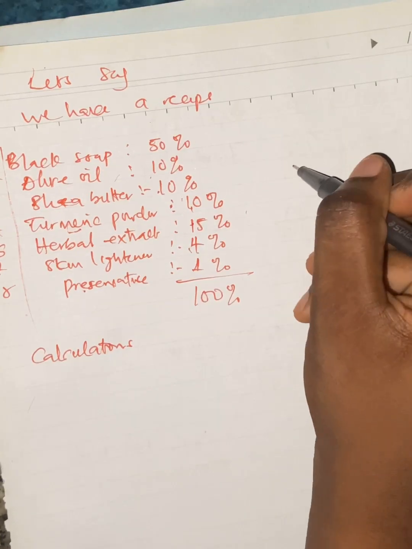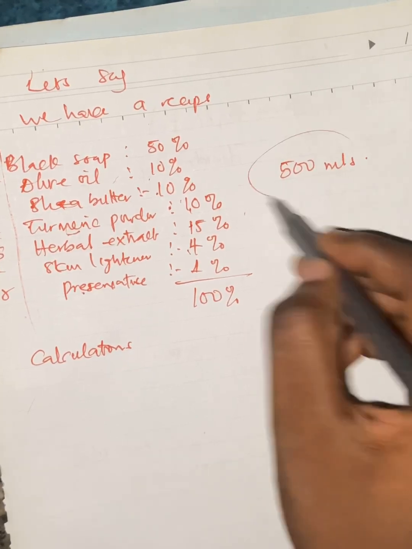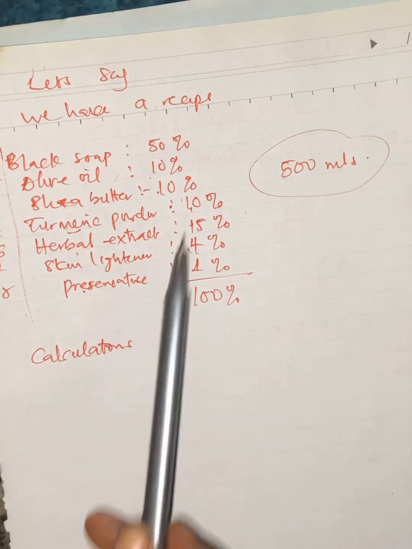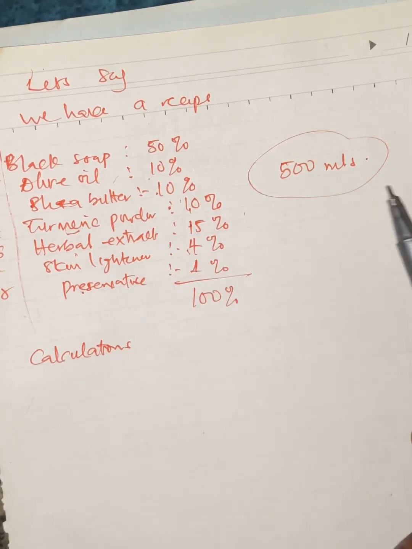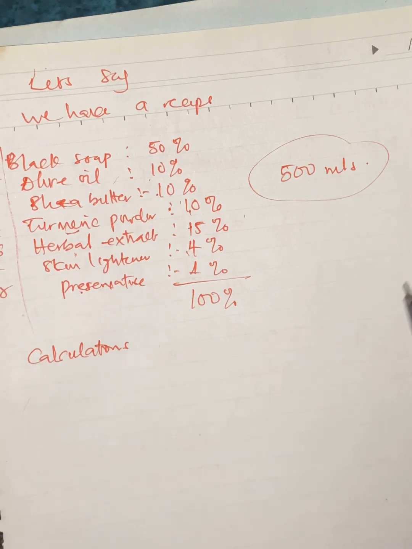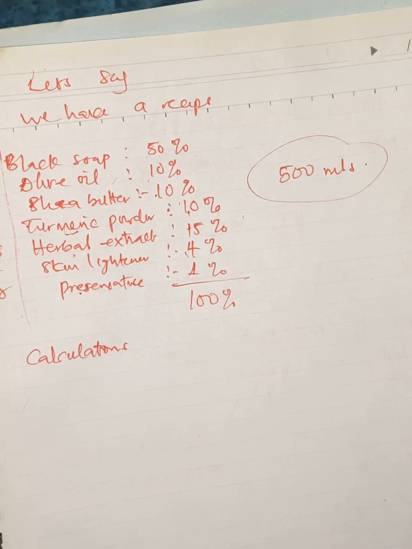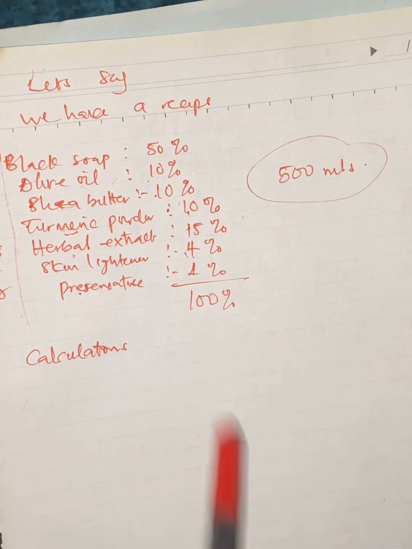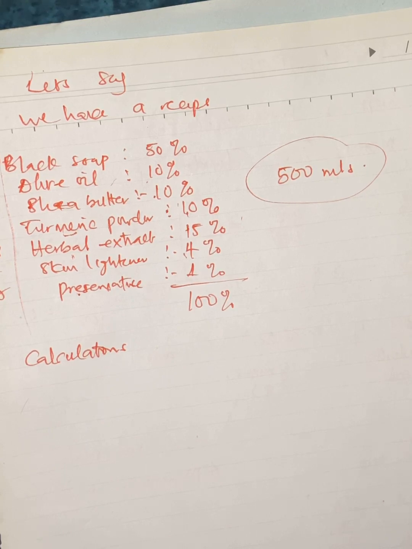I want to make 500 ml of this black soap. So this recipe you can use for any amount of your choice. You can use it for 100 ml, 100 grams, 500 ml, or 1000 ml. The best part about having a recipe in percentage is that you can easily use it for any amount of product that you want to make.